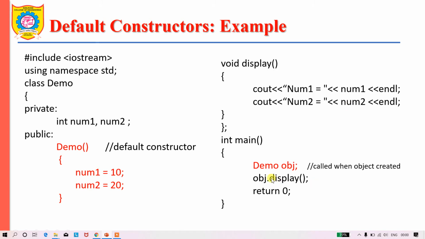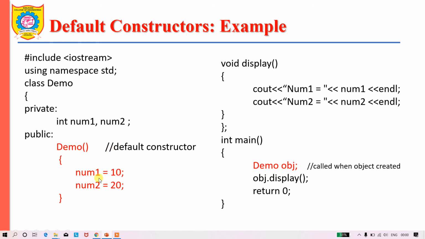Now here in the main function, I have created an object of the demo class. When that object obj is created of the demo class, at that time the default constructor will be called, and the default constructor will initialize the values 10 and 20 to the private data members of the object obj.